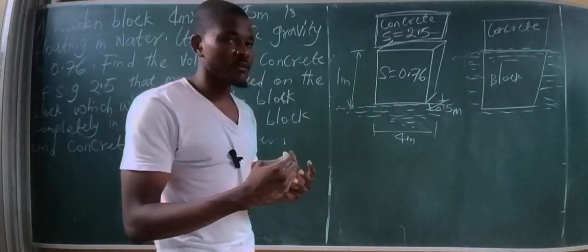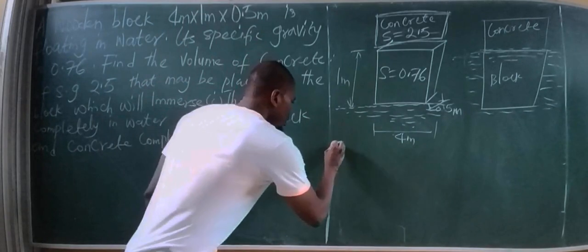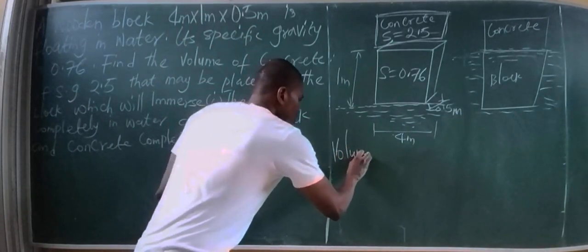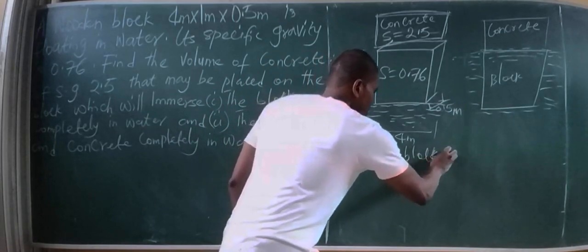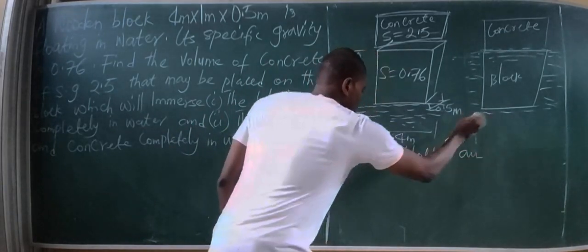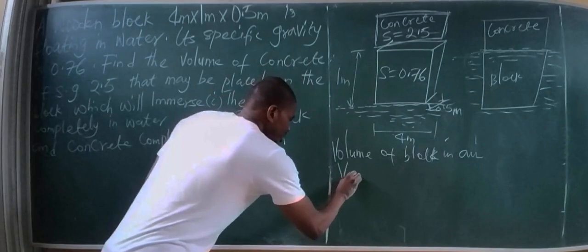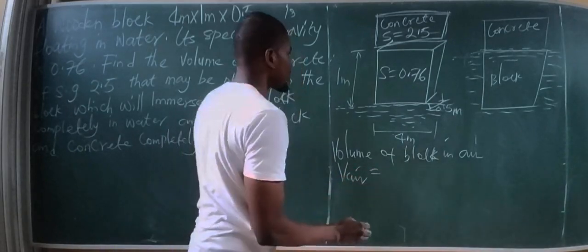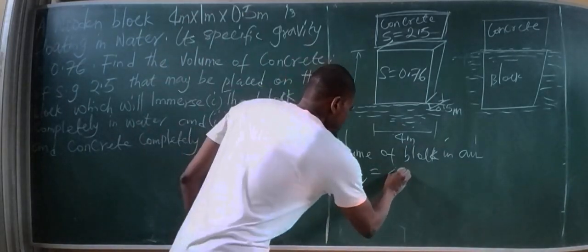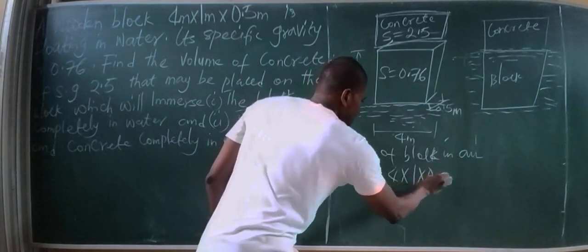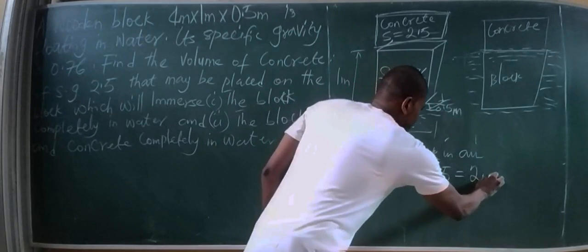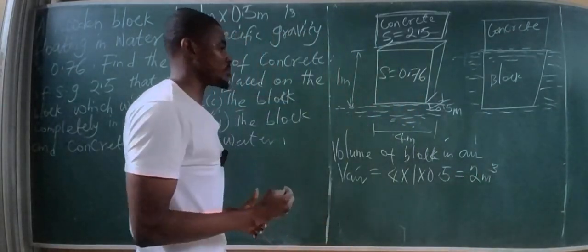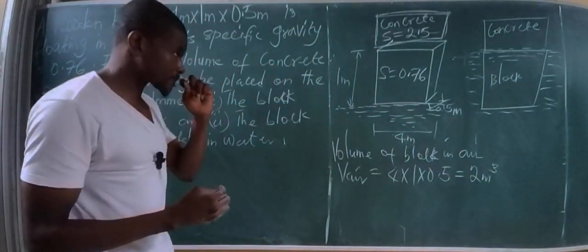First, let's obtain the volume of the block. In air, the volume of block, V air, is simply equal to 4 by 1 by 0.5. This will actually give us 2 meters cubed. This is the volume of the block under atmospheric condition.